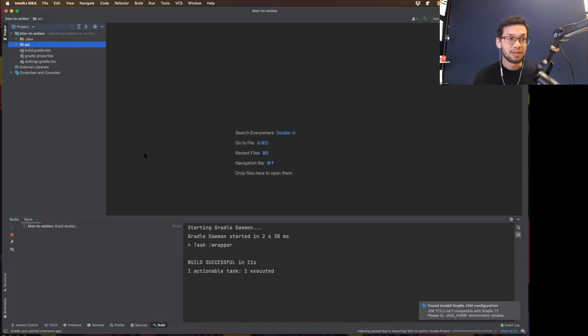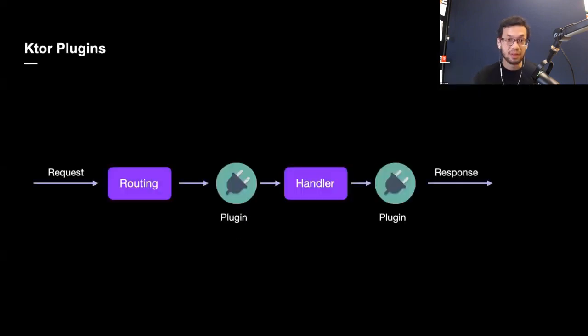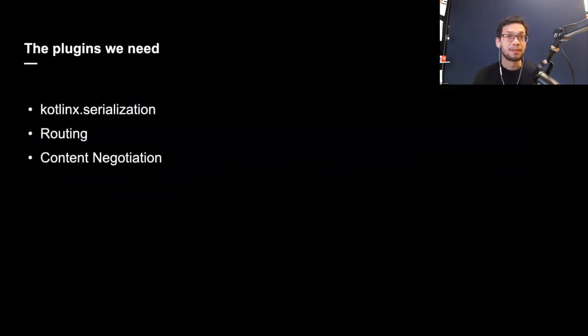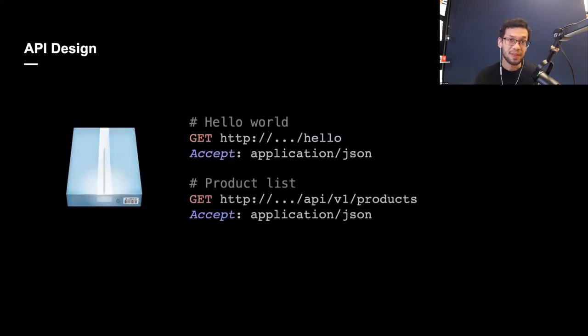So while it is running, let's go back to our slide, and we can think about how we can design an API. In this sample, I would like to have two kinds of API. One is just a Hello World API.